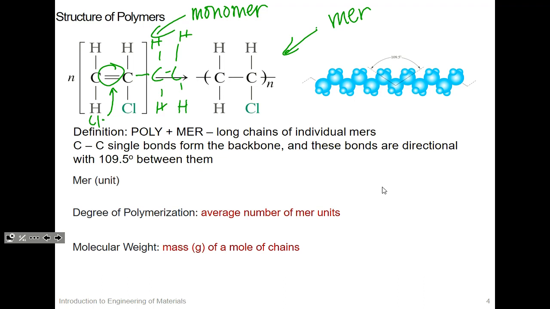So this can be a very fast reaction, and it can be done with a chemical catalyst. So you put in hydrochloric acid. It can be with a metal that can induce these radicals. So this is radical polymerization. You could also have just light polymerization. So that can also induce it.